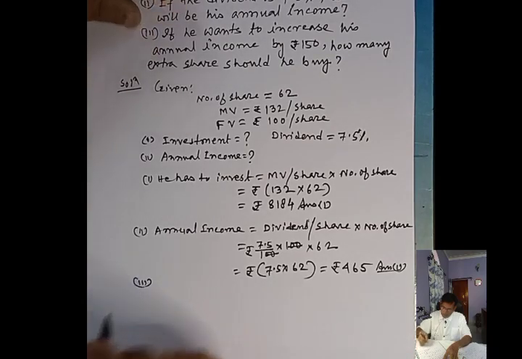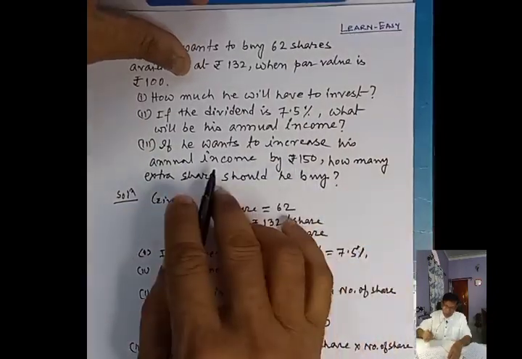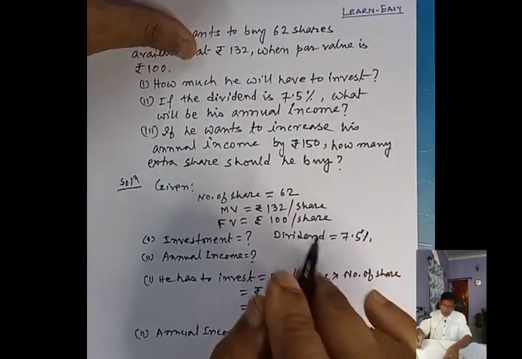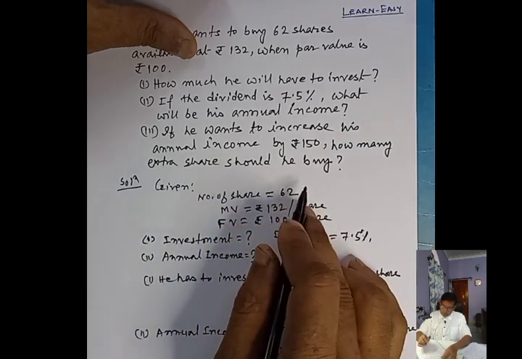For the third, if he wants to increase his annual income by 150, how many extra shares should he buy?